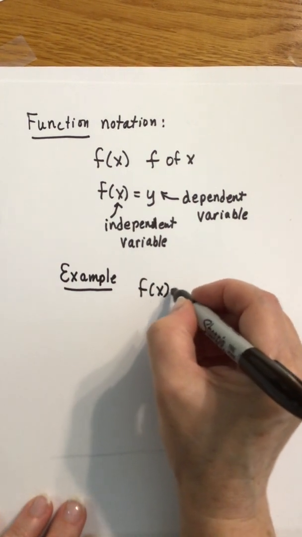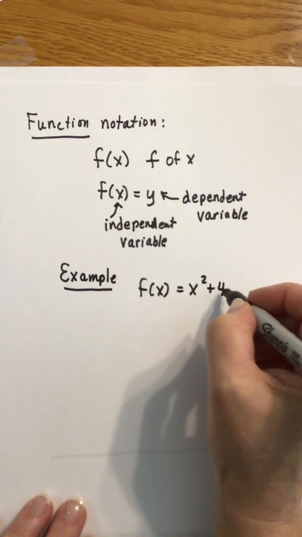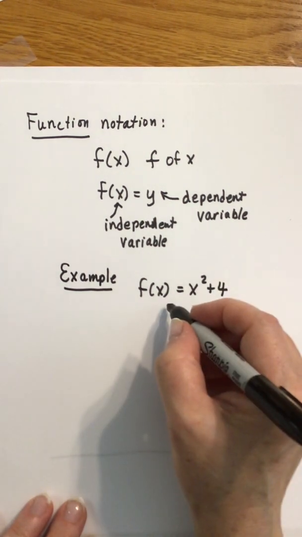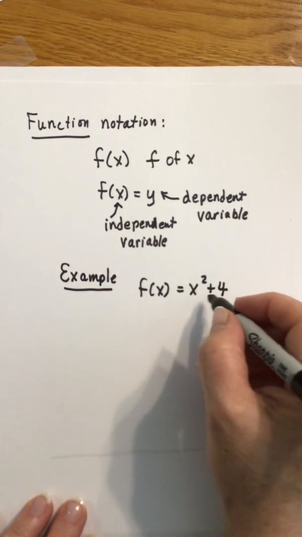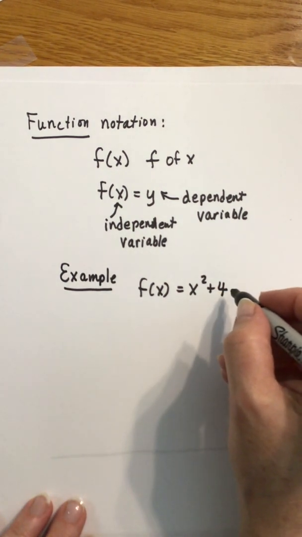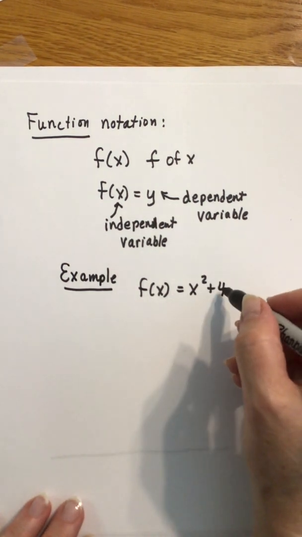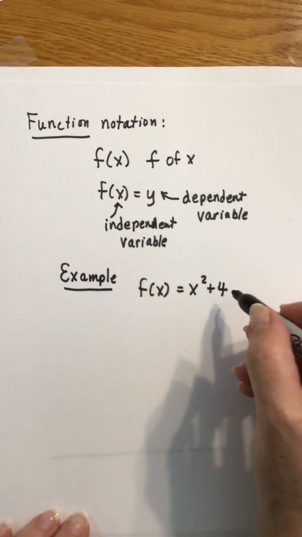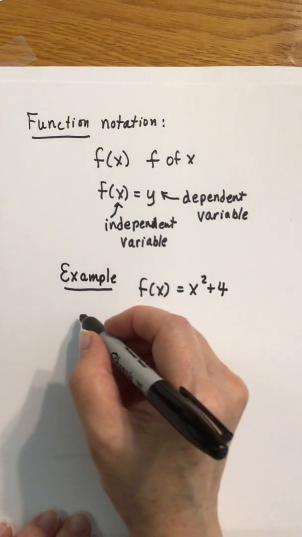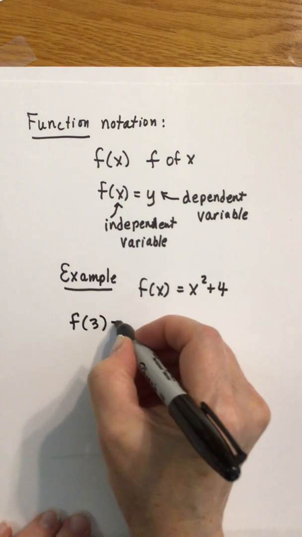f of x equals x squared plus 4. So f of x is this action's name. f of x is some sort of rule that tells you what you have to do. So you have to square whatever input I put in and then add 4. In this case we're going to write f of 3.